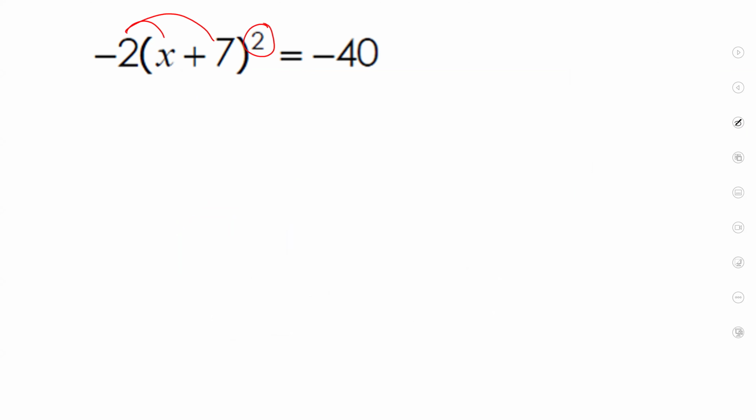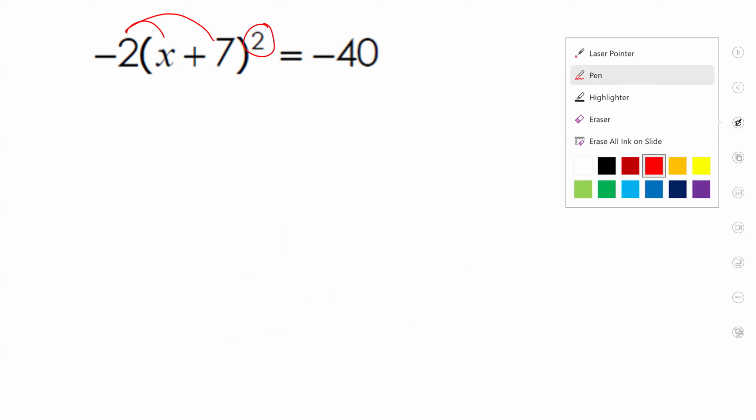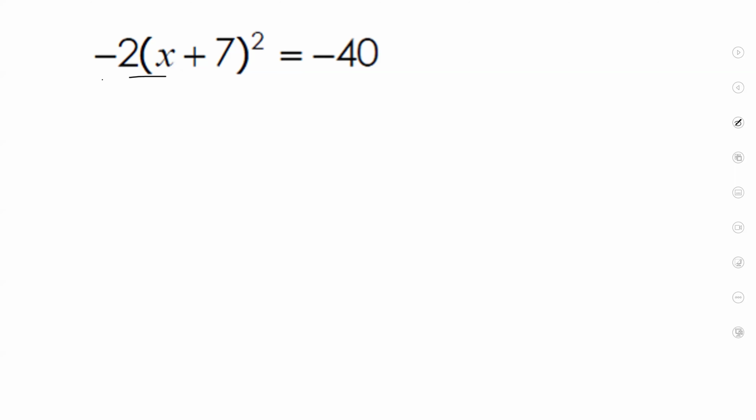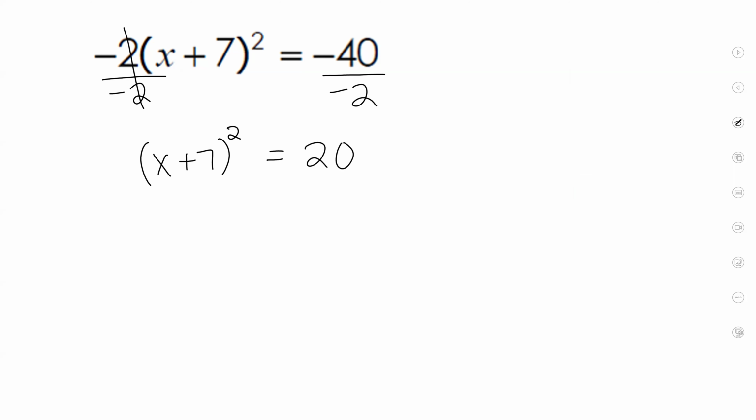We can't do the square root yet. Oh, divide by, yes, we have to divide by -2. Divide by -2. So now I have x plus 7 squared equals 20. Now what can I do?